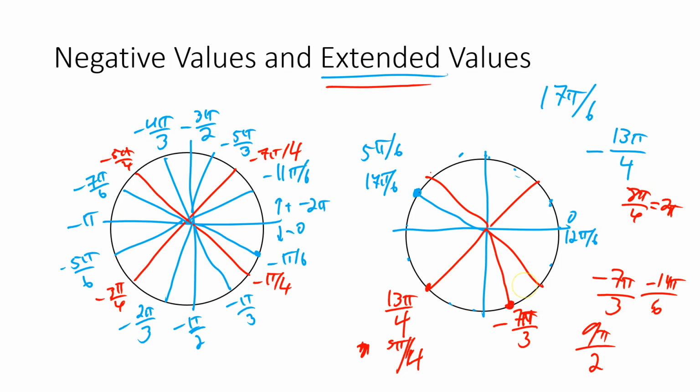Gets you right there. 9 pi over 2, let's see, if we multiply that by 3, gosh, that would be 27 pi over 6, excuse me. So we count 1, 2, 3, 4, 5, 6, 7, 8, 9, 10, 11, 12, 13, 14, 15, 16, 17, 18, 19, 20, 21, 22, 23, 24, 25, 26, 27 pi over 6, which is 9 pi over 2.